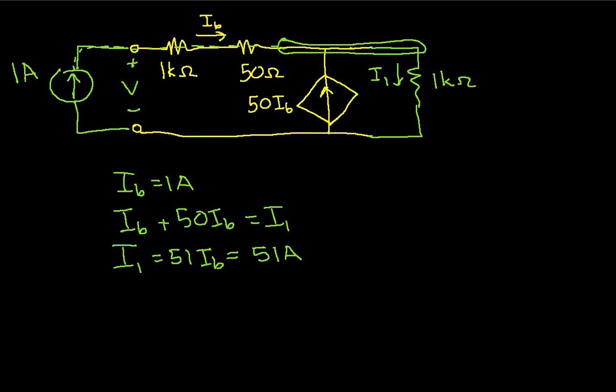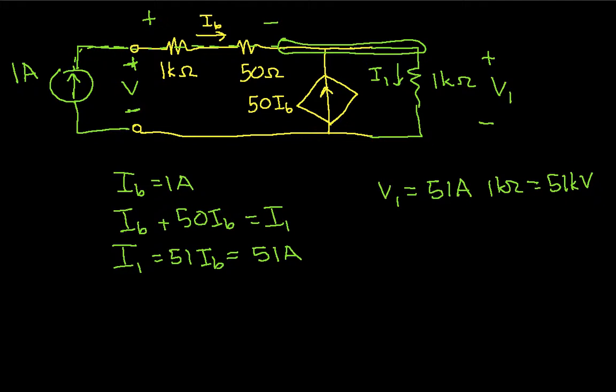Now the voltage V, this will be the voltage across these two resistors plus the voltage across this 1K ohm resistor. So the voltage across the 1K ohm resistor, let's call this V1. V1 is 51 amps times 1K ohm, which is 51 kilovolts. This is a pretty large voltage.